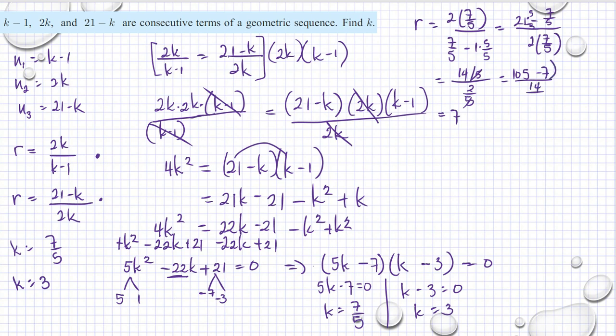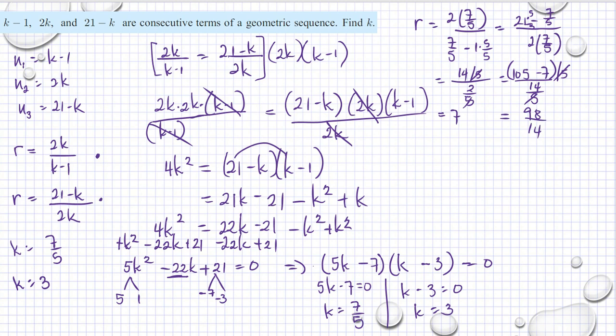Oh sorry, 5 also here, so that I can remove 5 there. 105 minus 7, that is 98 divided by 14, that is 7. So we have 98 here divided by 14, that is also equal to 7. So that's it. That's all right.